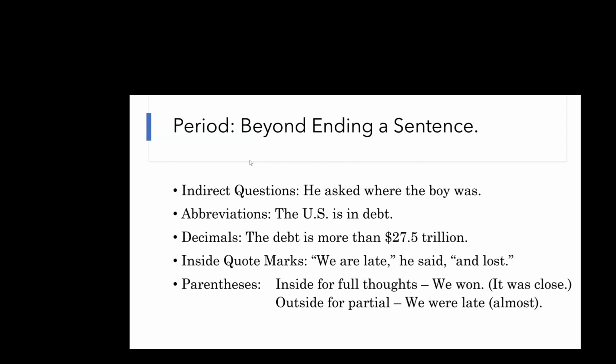We also use periods in abbreviations. Look in the AP Stylebook as far as abbreviations are concerned, and the different ways they're abbreviated. Usually two-initial abbreviations like US or UN will have periods in them, so the U period, S period is in there.